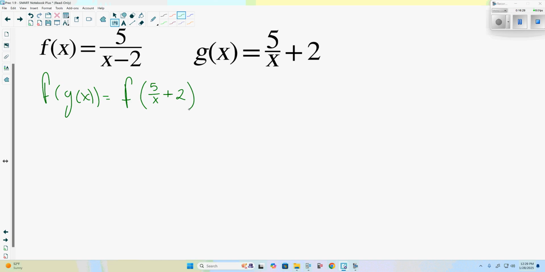We just replace g of x with what it's equal to. Now here we're going to replace every x in f of x with this entire expression, 5 over x plus 2. So what that will give us is 5 over x plus 2 minus 2.